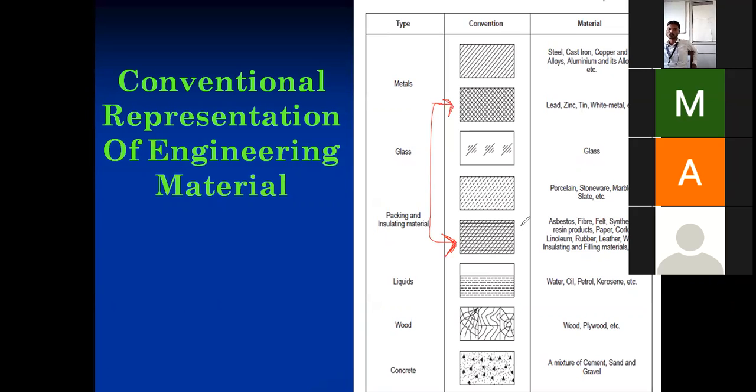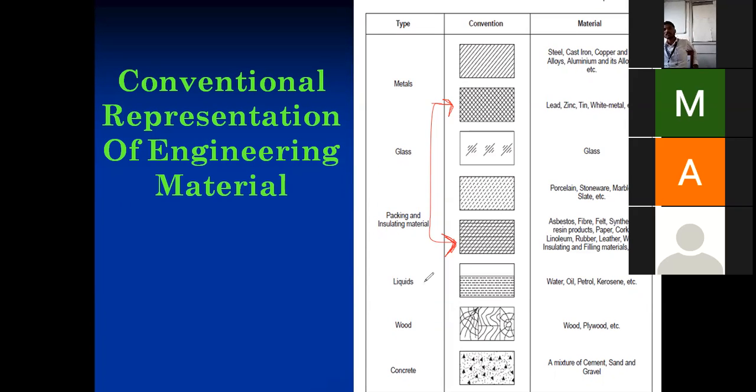On the other hand, in the metal symbol, both lines are inclined. This is for asbestos, fiber, felt, synthetic resin, etc. And in the case of porcelain, stoneware, marble, slate, it is a dotted inclined line. That we have to remember.